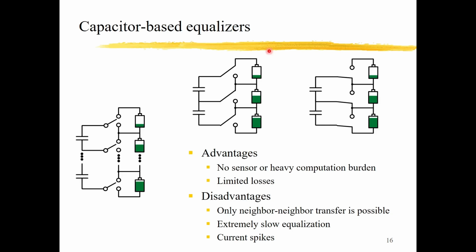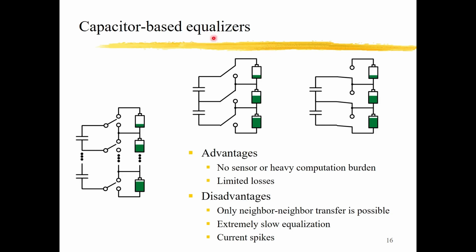So this is an exponential process. When we reach the target of the balance, the voltage difference is smaller and the energy that can be transferred is also smaller. So the equalization speed actually becomes slower and slower.